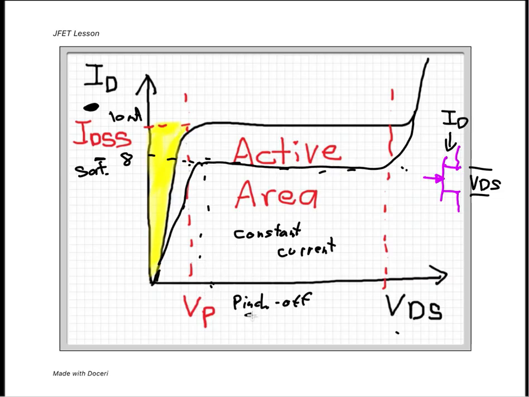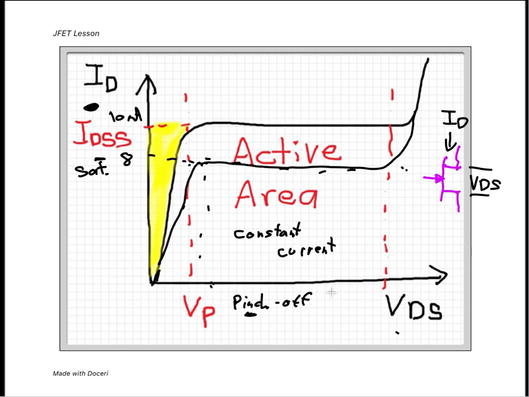Now this pinch off voltage, I know this is confusing, and I hesitate to mention it. Every time I've mentioned it with students, eyes have glazed over. But anyway, this pinch off voltage technically only applies to IDSS and VGS equal to 0. So it's at that data sheet defined point where the conduction channel is wide open.